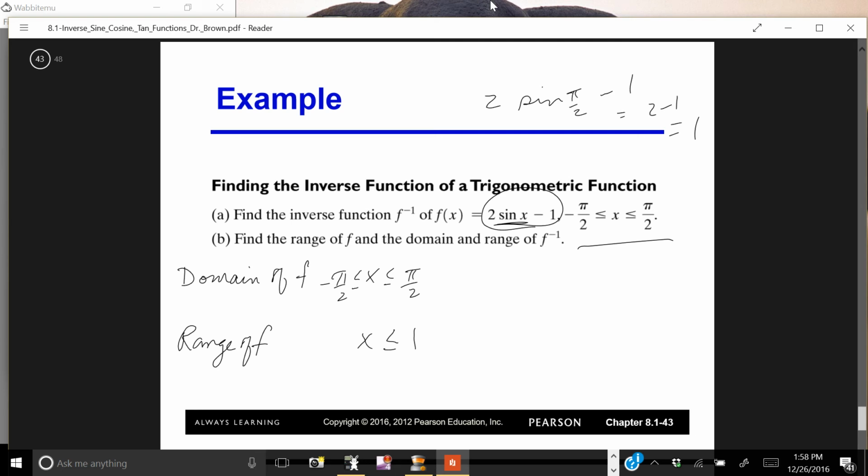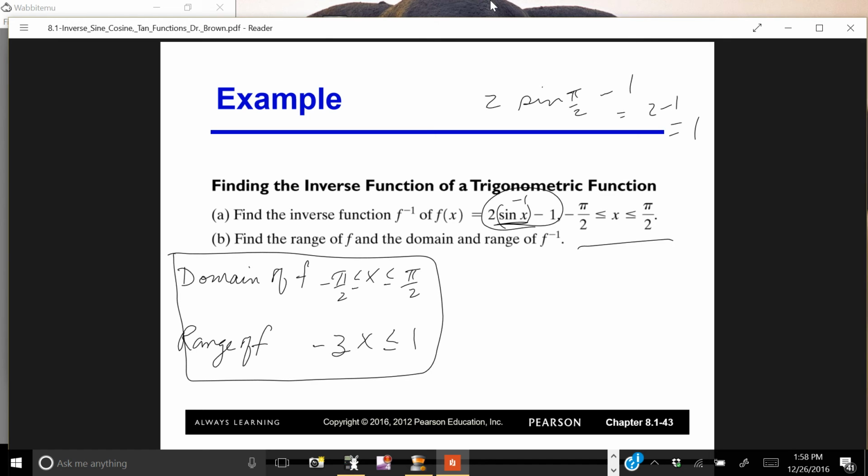And then the minimum value of f would be when the sine of x is minus 1, and that is minus 3. So we know that the domain of f is x between minus pi over 2 and plus pi over 2, and the range is minus 3 to plus 1.